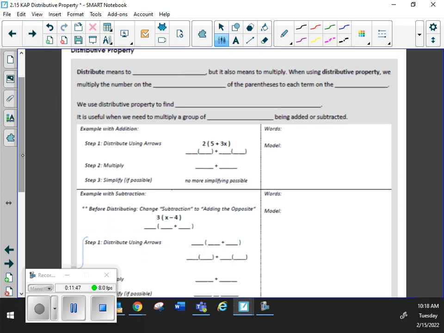Again, to distribute means to give out, usually give out evenly, but it also means to multiply. When using distributive property, we multiply the number on the outside of the parentheses to each term on the inside.